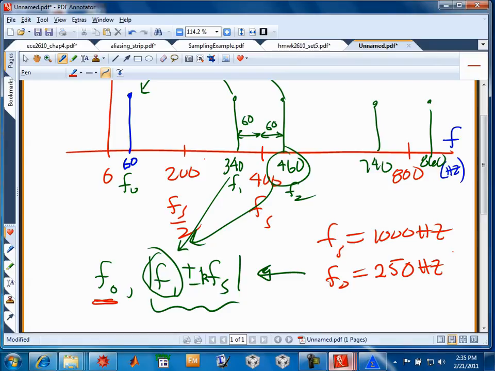I've studied this for a long time, but in trying to explain this, I sit in my office and say, they're not going to get it if I take this pure math approach, because it seems somewhat abstract to just write down this formula right here. So I like to think of it in terms of the picture right here. If it's 60 hertz below 400 or 60 hertz above, giving 340, or in this example, if it's 250 hertz below 1,000, that'll alias down to 250, or if it's 250 above 1,000, that will alias to 250.